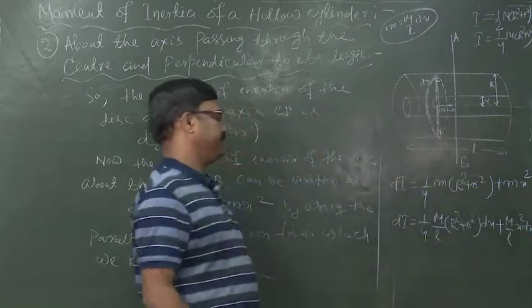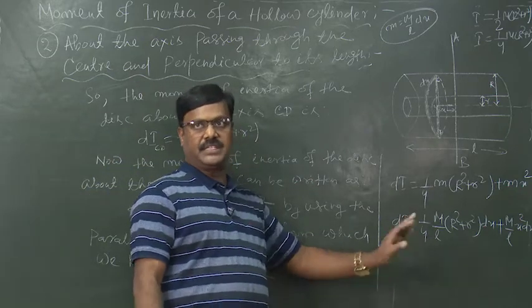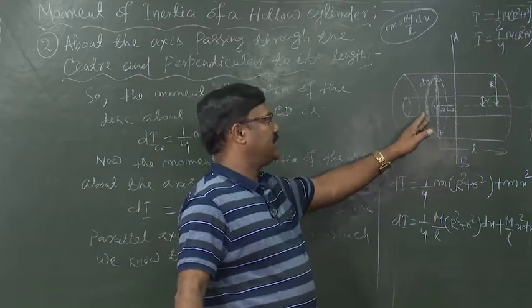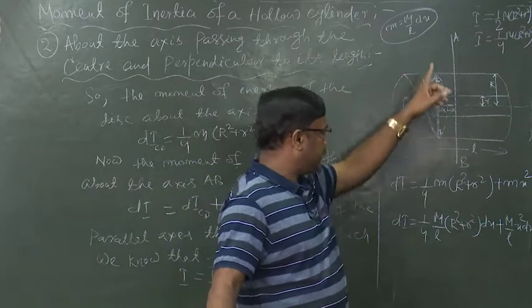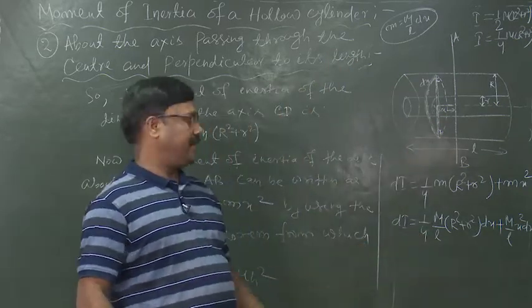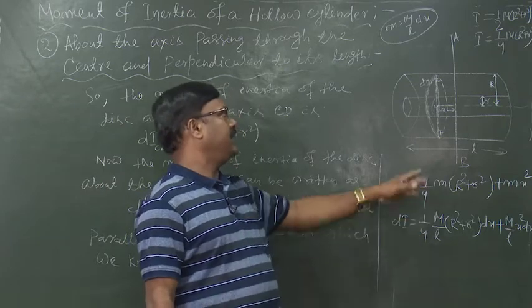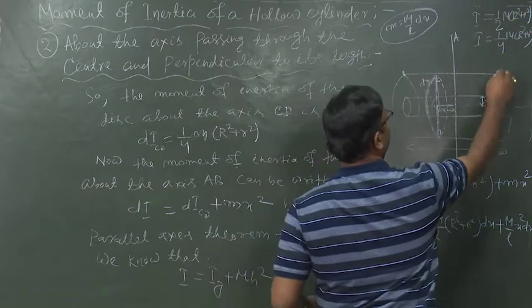Now, the total moment of inertia of this cylinder about the axis AB can be obtained by integrating this equation within the proper limits. That means from this point to this point.